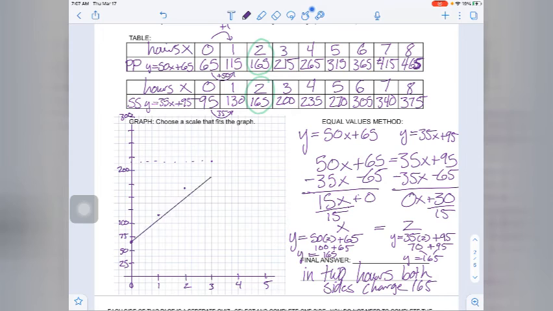And eventually you see the trend and you can just draw your line. So this one is y equals 50x plus 65.